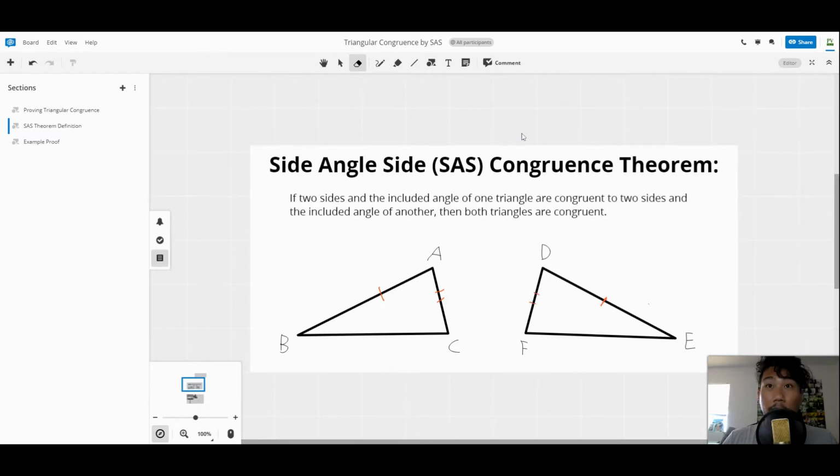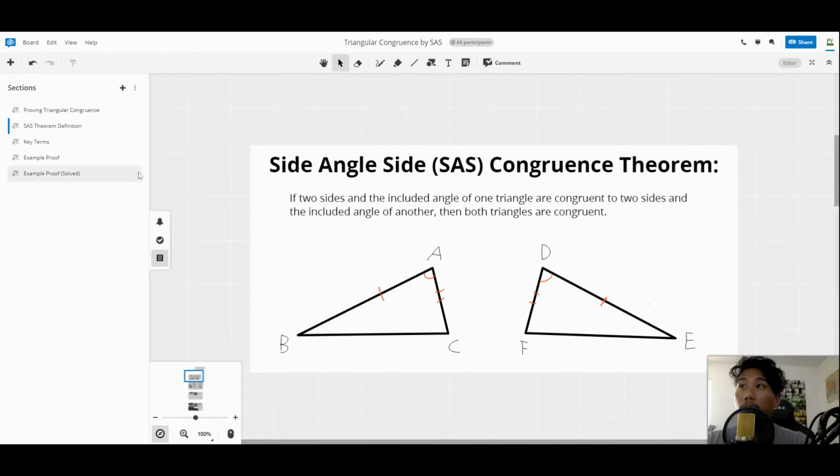And on top of that, the included angle of the two sides, or the angle in between the two sides, which is angle A and angle D, if those two are congruent, then by the SAS congruence theorem, by having one side, then an angle, then another side being congruent to one side, an angle, and the other side of another triangle, then by the theorem, both of these triangles are congruent.